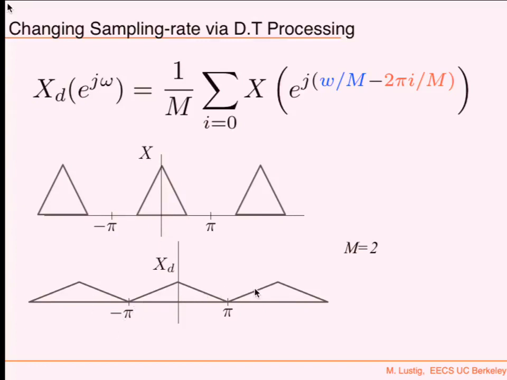It kind of makes sense because if we had a continuous time signal and we sampled at a particular rate that was twice the Nyquist rate, not twice the highest frequency, twice the Nyquist rate, we'd have kind of an empty spectrum around it. If we then, instead of that, sample at the Nyquist rate, then we should have a spectrum that will only have the triangle from minus pi to pi.